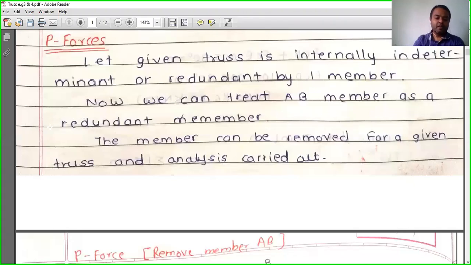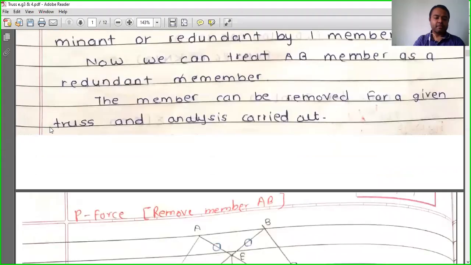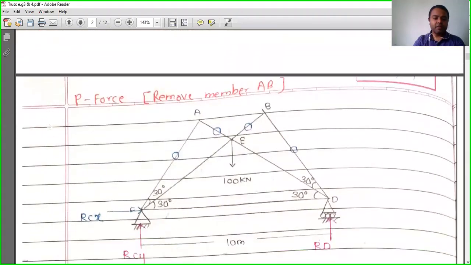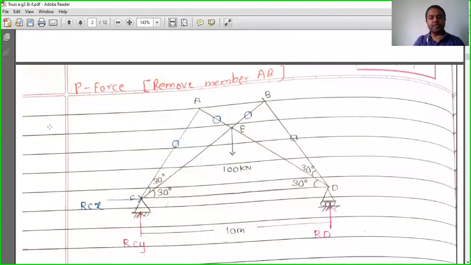Okay, so now come to this diagram. Here just remove member AB and analyze the given truss. Of course, analyzing means just find out the forces in the members of the truss.